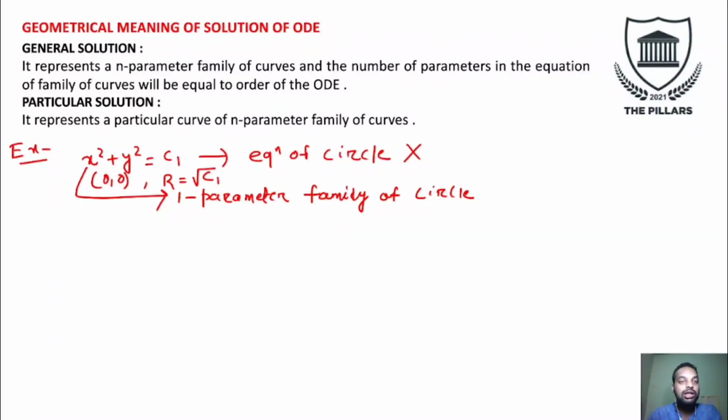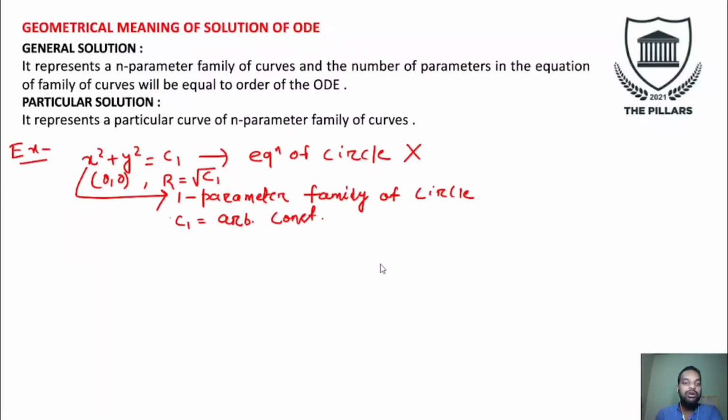At that time I said that n is the number of parameters, which is equal to the order of the ordinary differential equation, which in turn is equal to the number of arbitrary constants. Here, what is the number of arbitrary constants? There is one arbitrary constant, this one, c1.